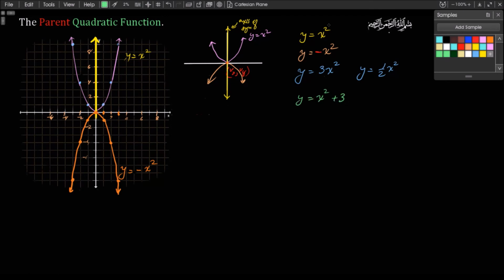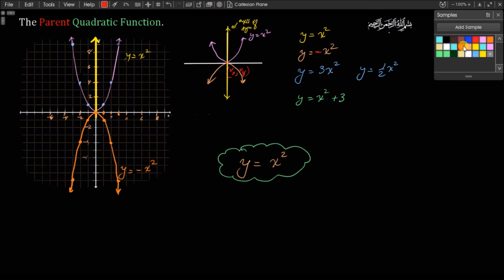This was the same graph as this, identical graph, except that the entire graph was moved up by 3 units. Just like a chess piece going up on the board. See, now you can understand why it's imperative to understand the parent function, because you can understand a great deal about quadratic functions if you know this.